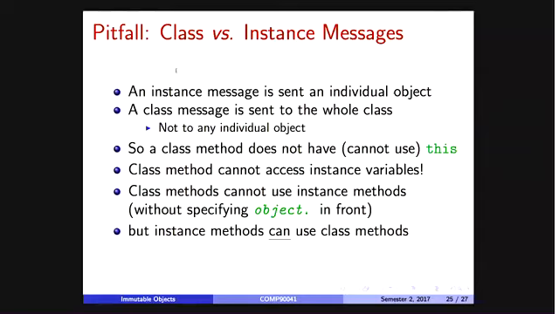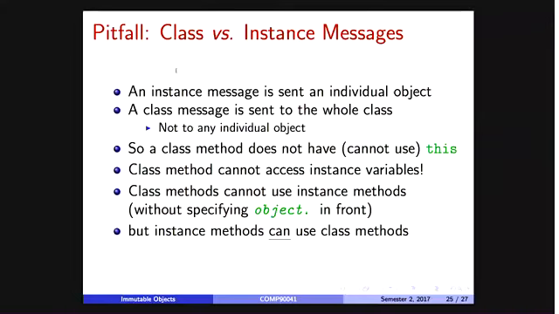Take the first thing first. A class variable, there's only one. You can make as many instances as you want of the class, but there's only one copy of that variable. That can be handy. It can be quite useful to do that, but it's not usually what you want. You usually want the data to be per object.